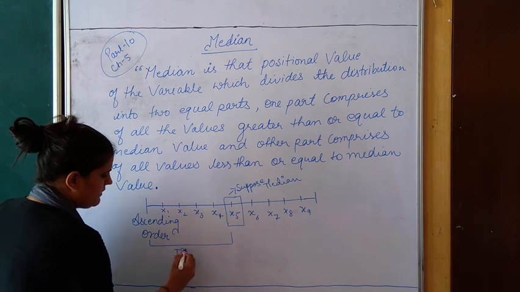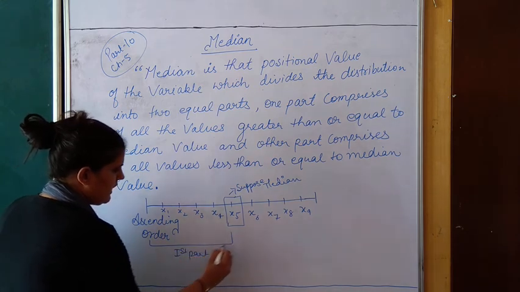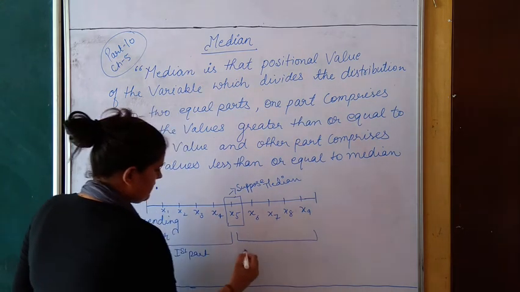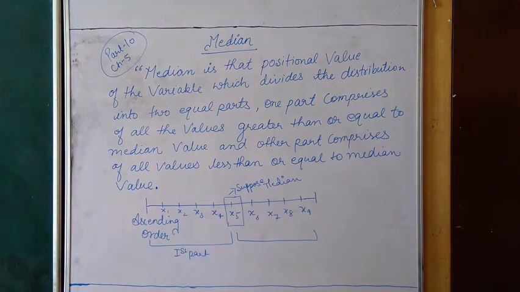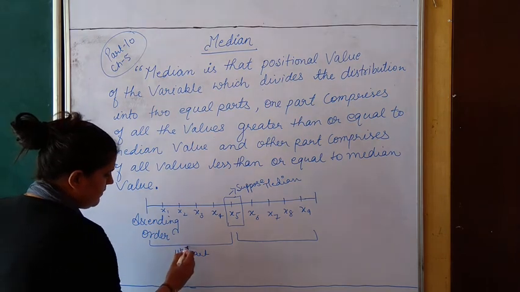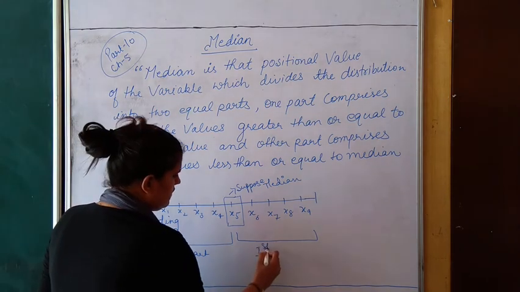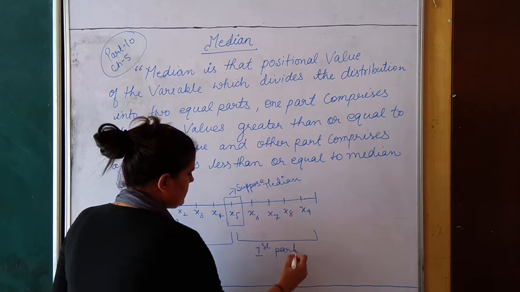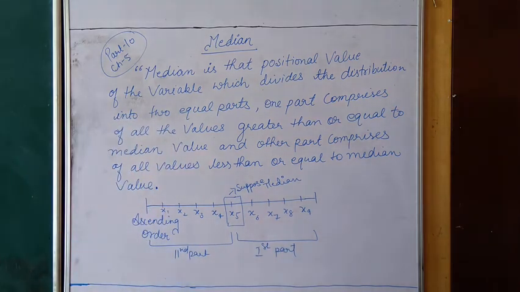So clear children? This is having two parts. This one can be your second part and this is your first part. I have written the name as per the definition I have mentioned.